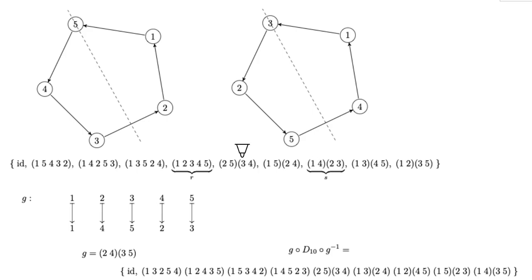This one being flipping it across this axis of symmetry right here. So this collection of permutations that do that is a subgroup called the dihedral group of order 10. It's a subgroup of the permutations on 5 things, which is S5.